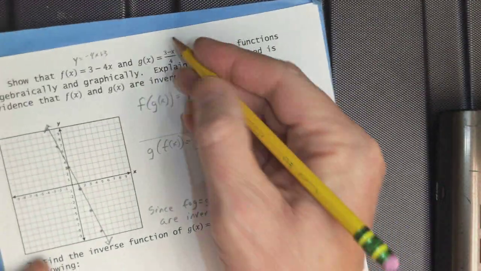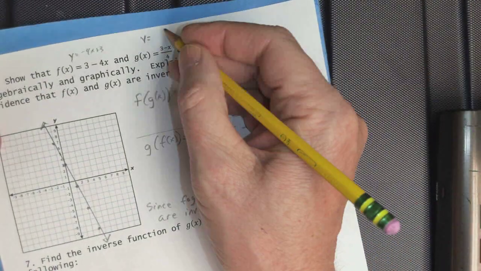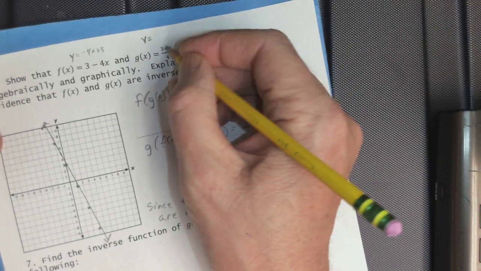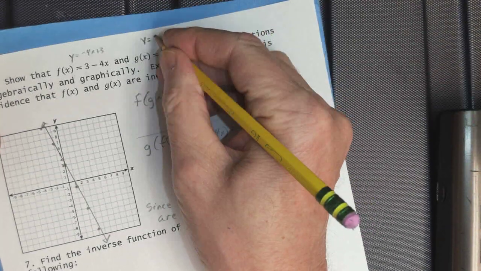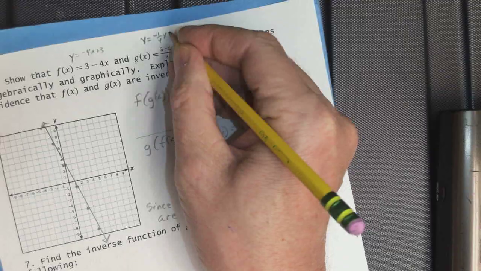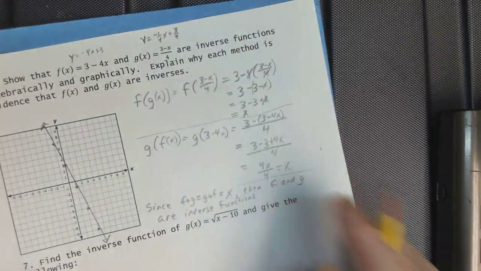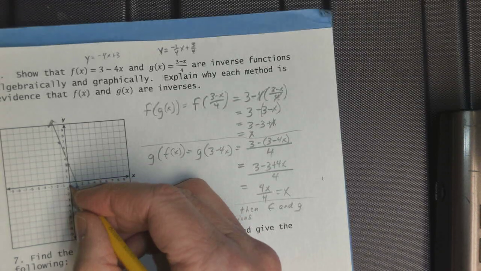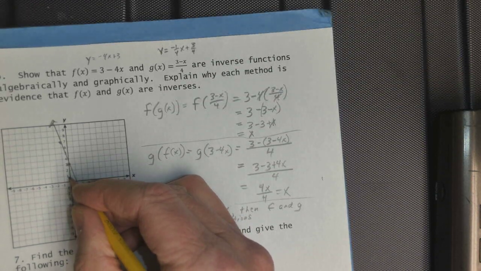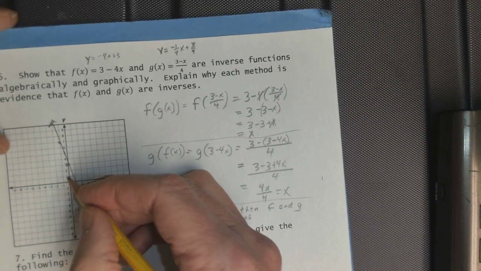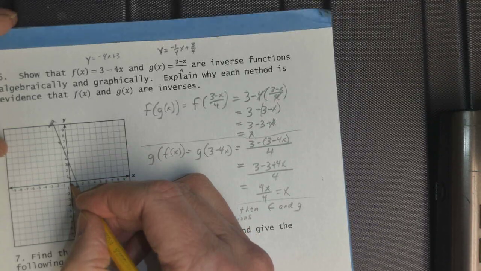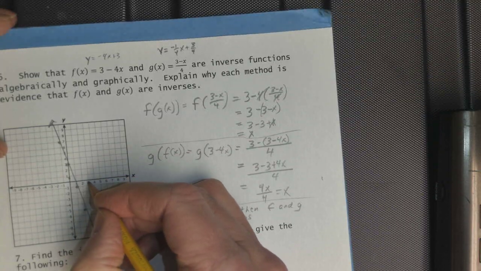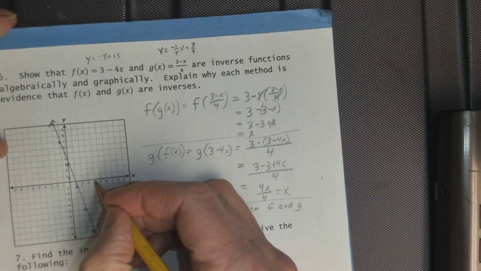And let's graph. I'm going to think of this as y equals negative x over 4 plus 3/4, or negative 1/4 x plus 3/4 in terms of y equals mx plus b. So 3/4 is right around there. If I go down 1, I'm down here, over 1, 2, 3, 4.